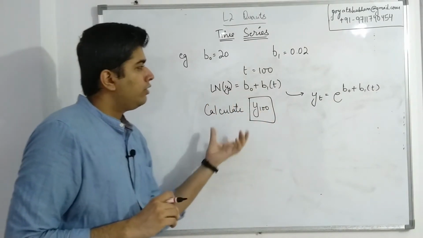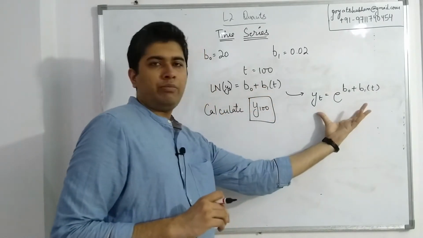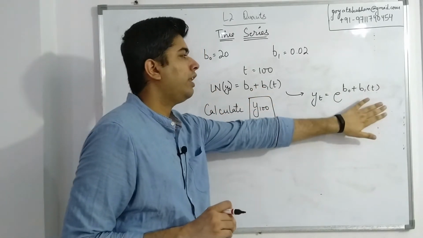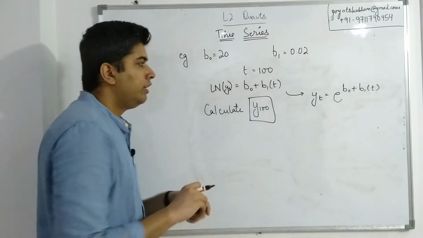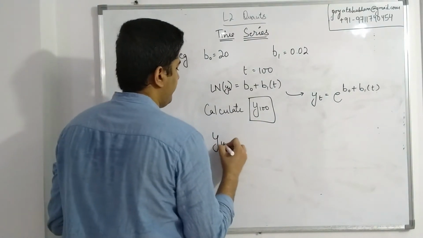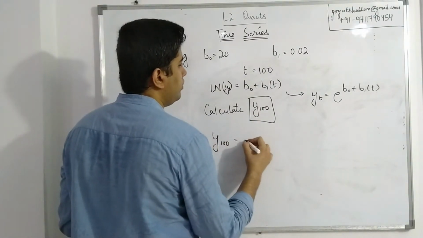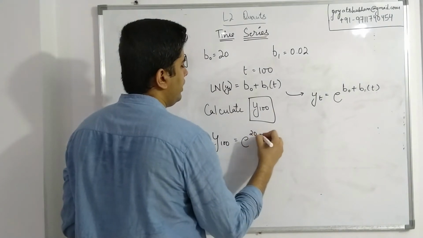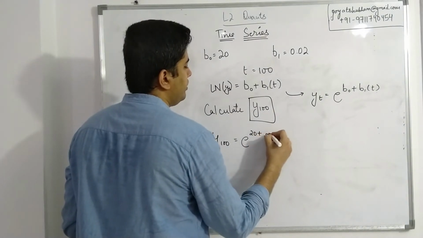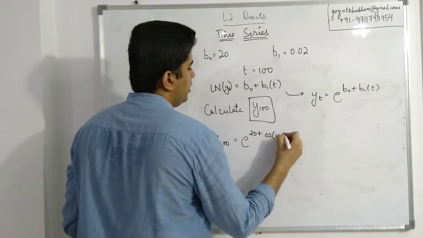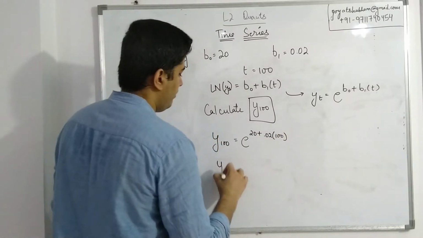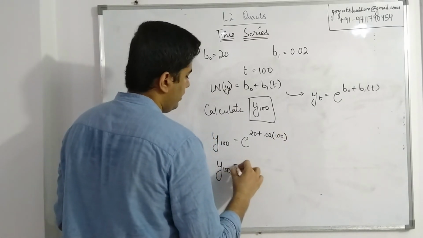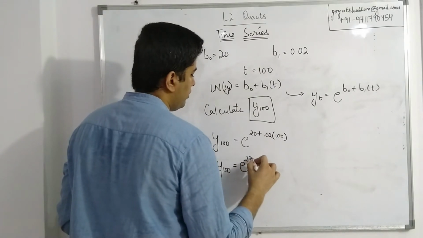So I'm reversing the process and having an exponential equation back with me. So y100 is equal to e to the power of 20 plus 0.02 into 100. So y100 is equal to e to the power of 22.